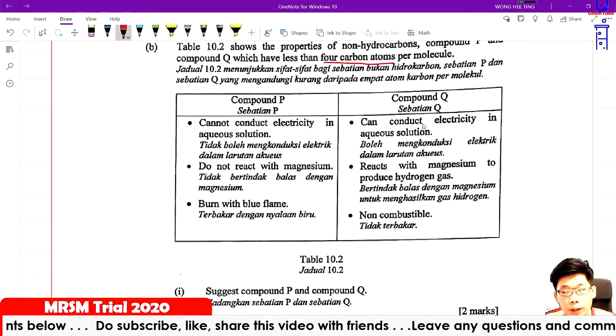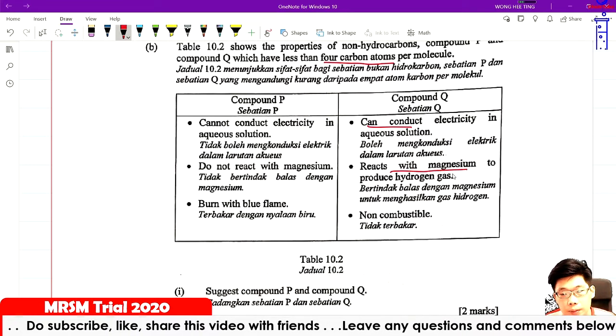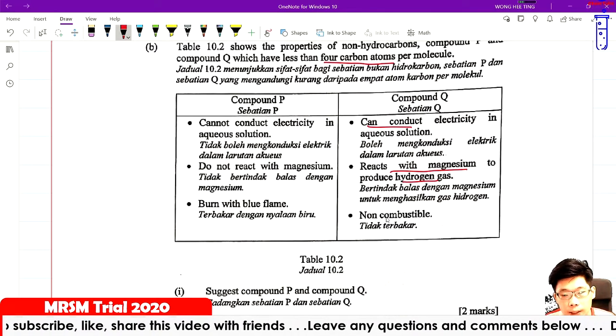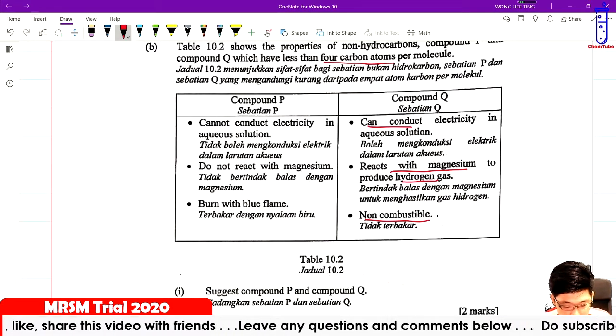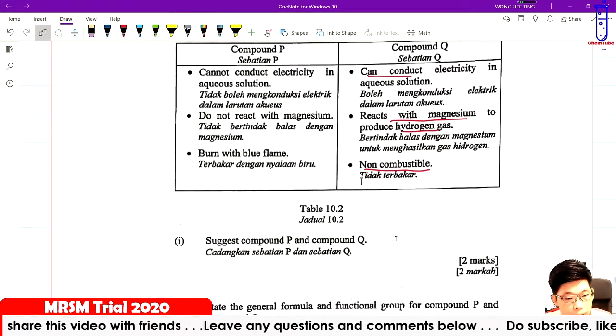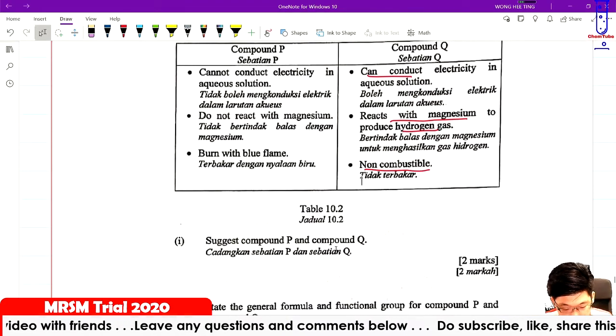Compound Q can conduct electricity in aqueous solution, reacts with magnesium to produce hydrogen gas, and is non-combustible. So here, suggest compound P and compound Q.